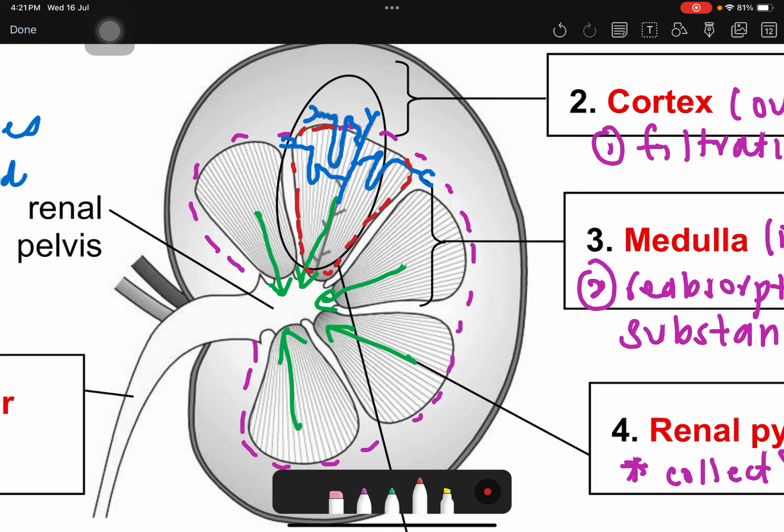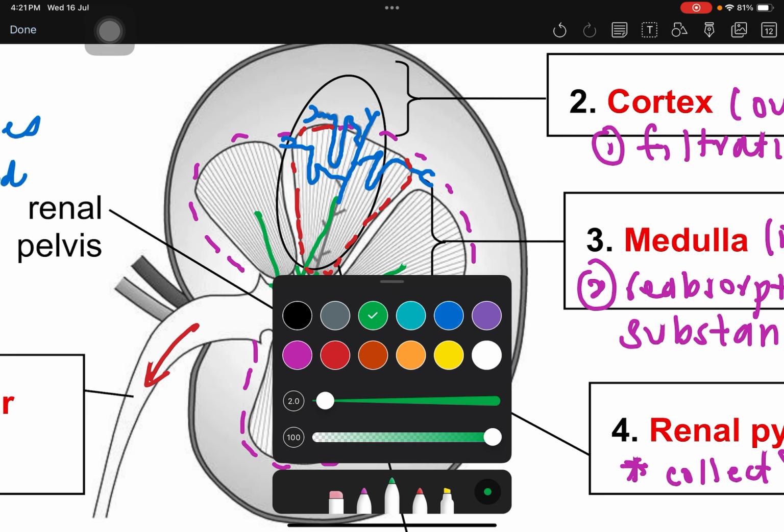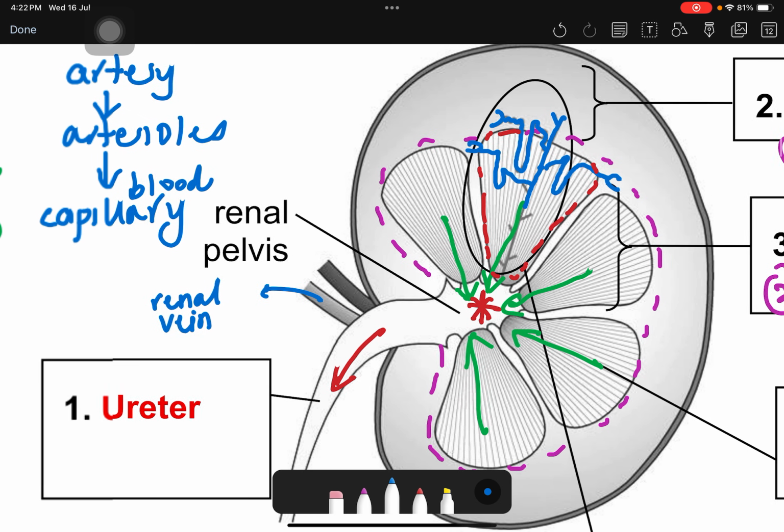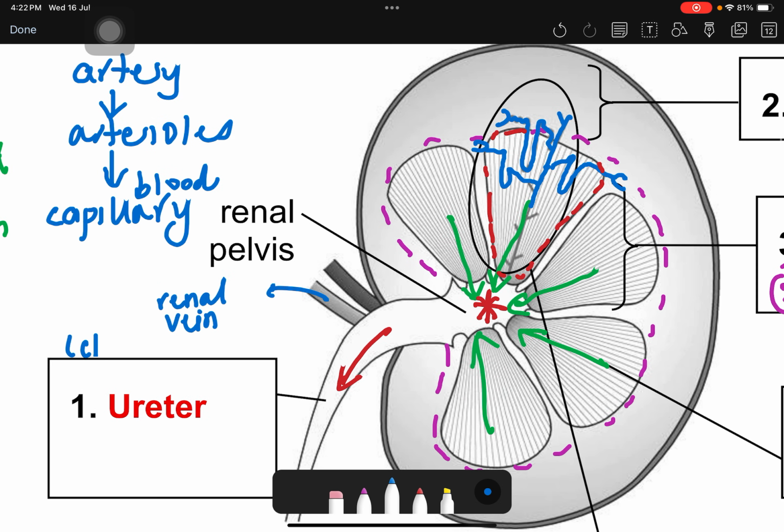that will combine with the rest of the pyramid together, or the urine inside the ureter, to be transported out of the kidney to the rest of the body, while clean, filtered blood would return to the rest of the body through the renal vein.